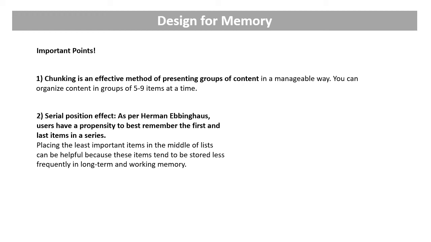Suppose you show the user a list of items, the user would most likely recall the first item and the last item in the series. Because of this, you should be careful about what items you place first and last, and you should put the least important items in the middle of the list.